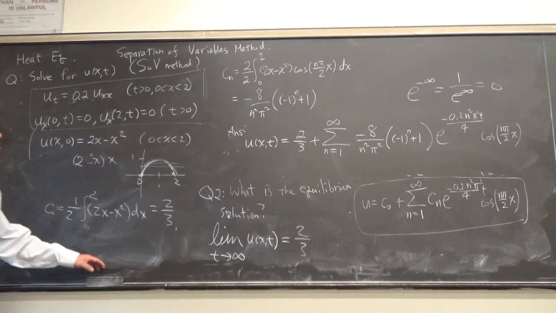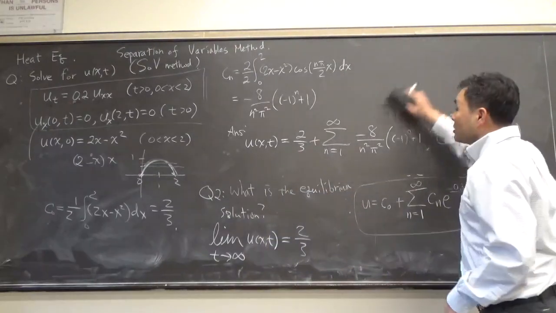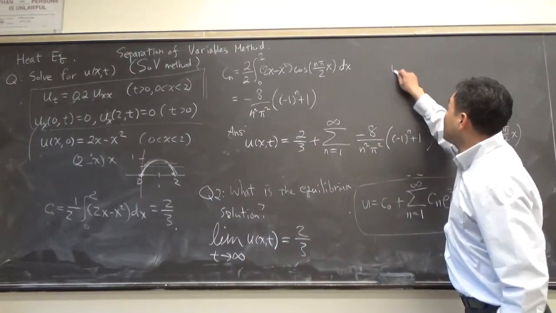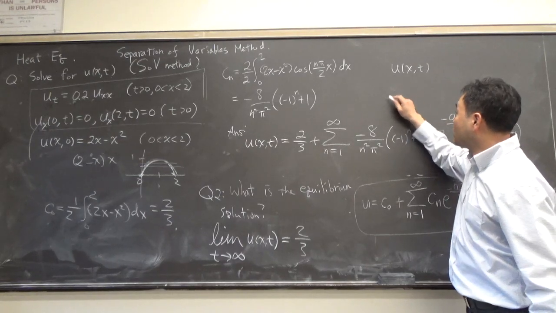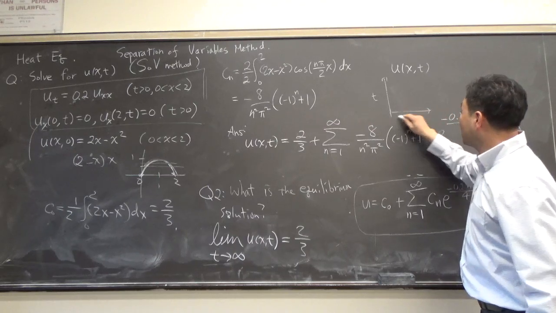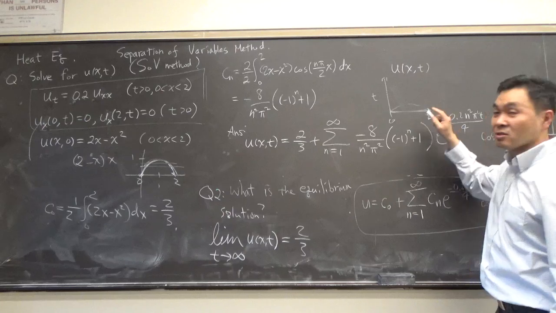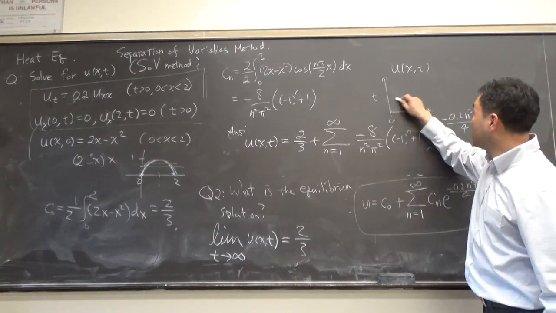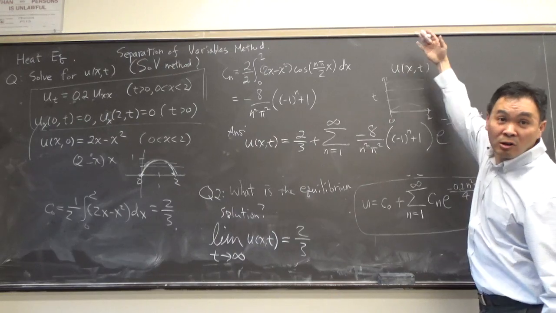The person who first thought about this was thinking about u(x,t) as a two-dimensional function. So here's the time axis, and here's the x from 0 to 2. Initially it has this heat distribution, and eventually the heat distribution is a function on this domain.